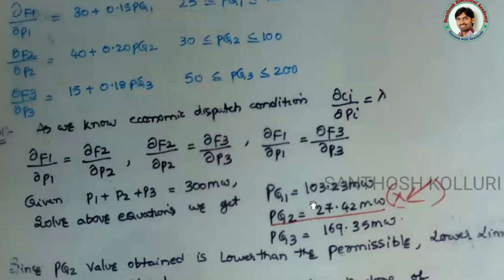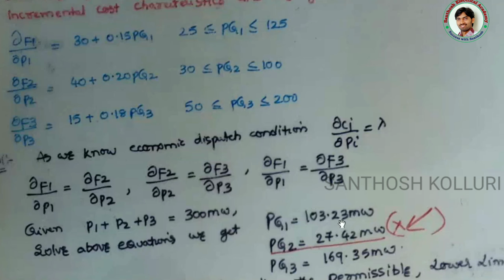So if I check with this Pg1 103.23 megawatts, this is in between these limits, so it can be accepted. Whereas Pg2 is equal to 27.42 megawatts, so this is less than the minimum limit. The minimum limit for generator 2 is 30 megawatts and the maximum limit is 100 megawatts. But the obtained value is 27.42 megawatts, which cannot be accepted here.